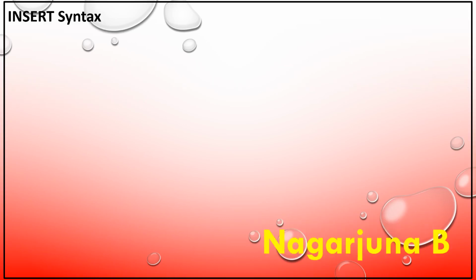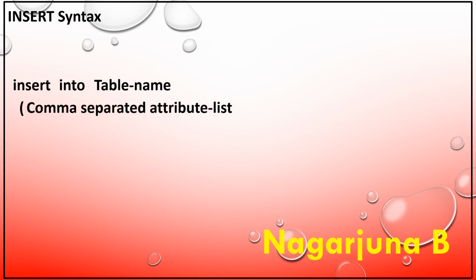So now we shall see the syntax of the insert command type 2. Insert into table name. After that, we need to open the bracket, then a comma separated attribute list.